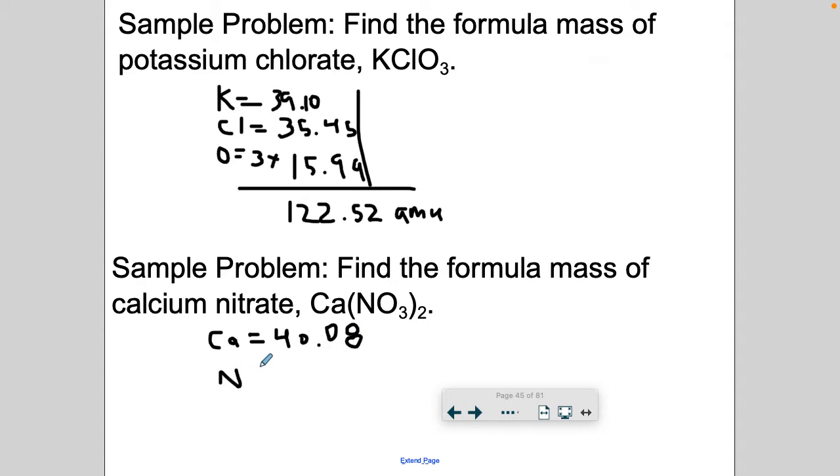Okay, so then I got nitrogen, and you notice that it's in parentheses. So you've got to distribute that to everything inside. 2 times 14.01. And there's going to be 6 oxygen.